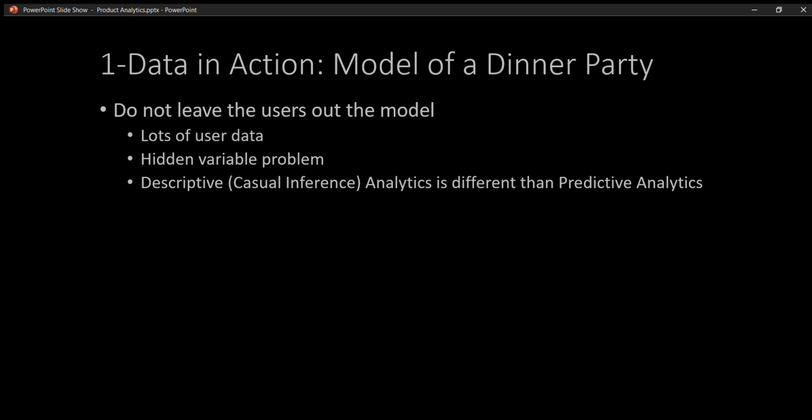When you have big data, one of the inclinations of the company is to do the big data analysis using predictive analytics. Predictive analytics is a very powerful tool, that's for sure. It is artificial intelligence, machine learning. What it does is predict whether a user would buy a certain product or not, right?